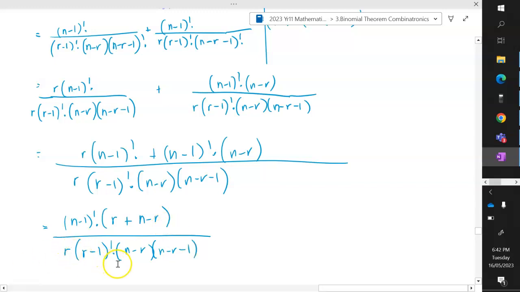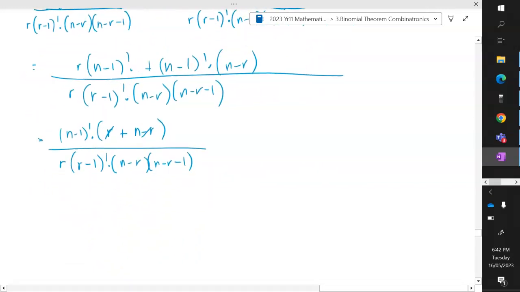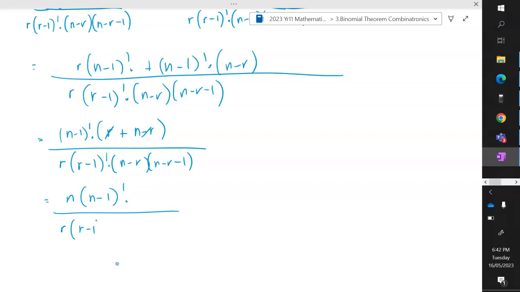So what we're going to have up here is this r and this r are going to cancel. So we're going to end up with n times n minus 1 factorial all over r times r minus 1 factorial n minus r minus 1.